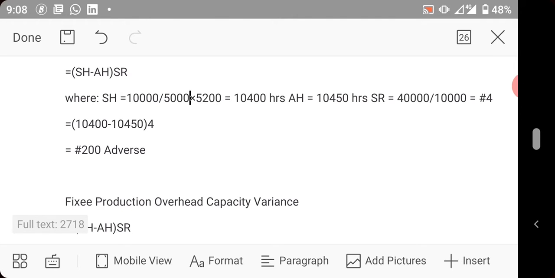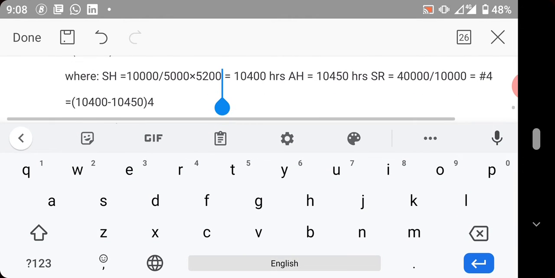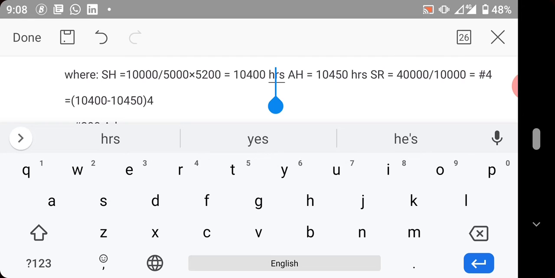So total standard hour will now be times actual units. Remember, standard is always applied on actual units. I always tell my students, standard is always applied on actual units. So this 5,200 is the actual units. So we now have standard hour to be 10,400 hours.